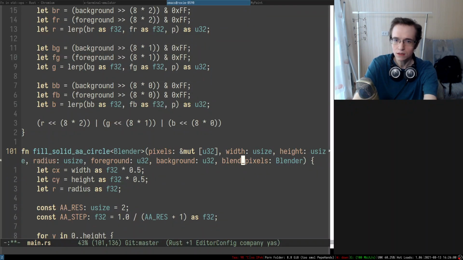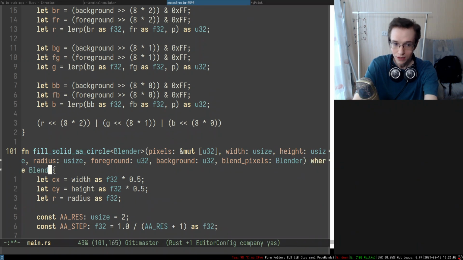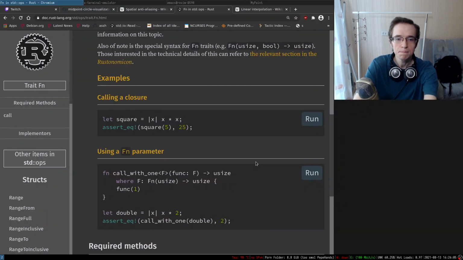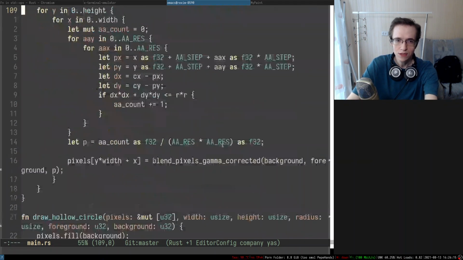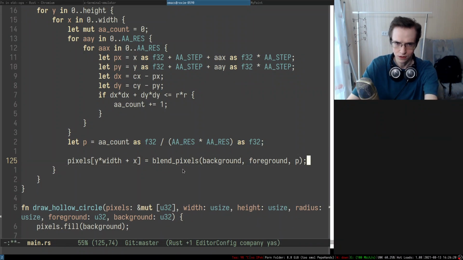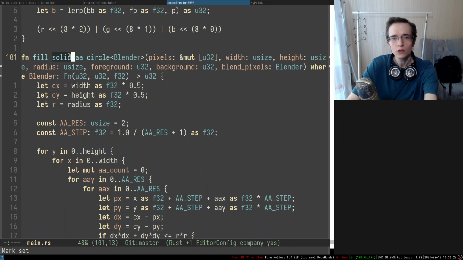So we have a blender, and then we can say where blender is an Fn that accepts F32, U32, U32, F32, and then returns U32. Right, and then I can say blend pixels. And when I call this function, I'll have to provide the specific blender.